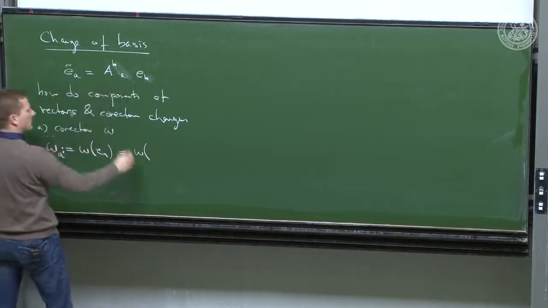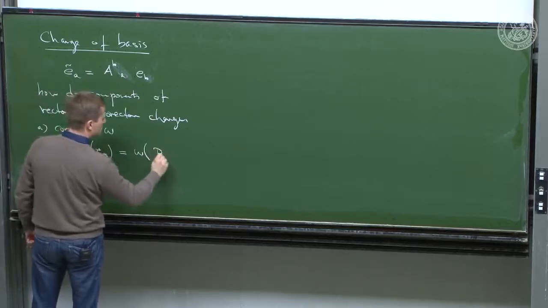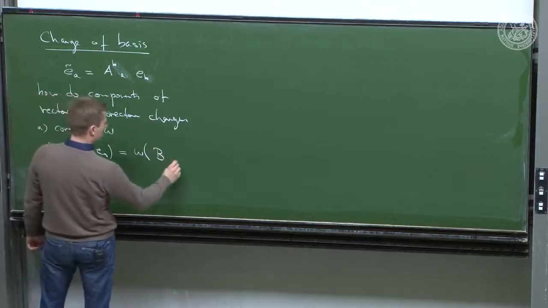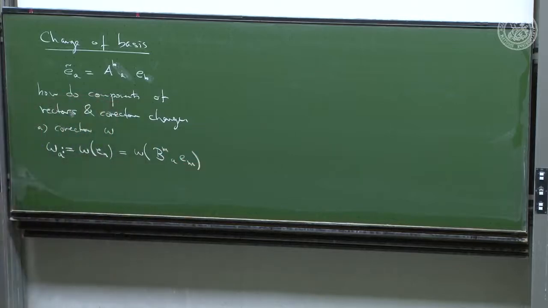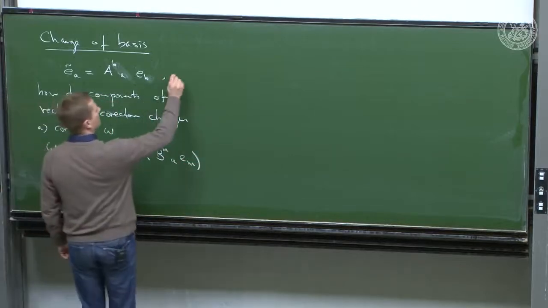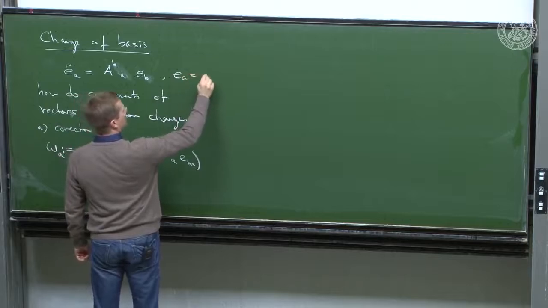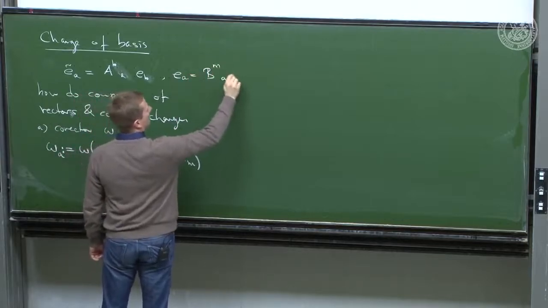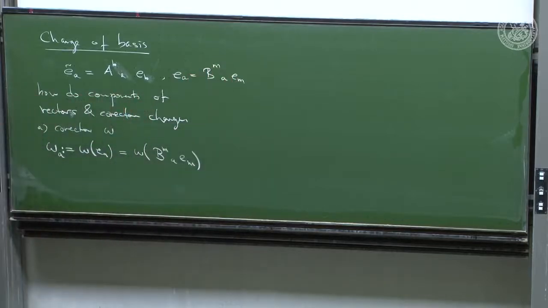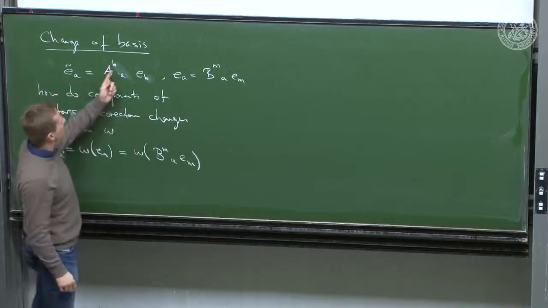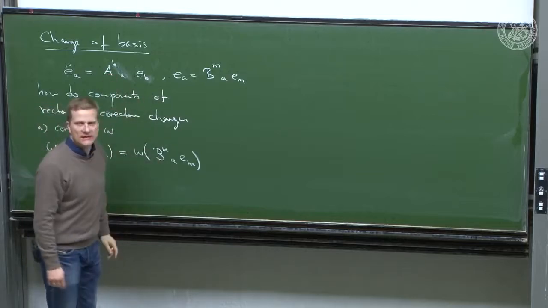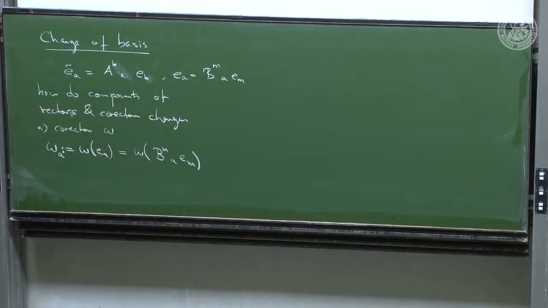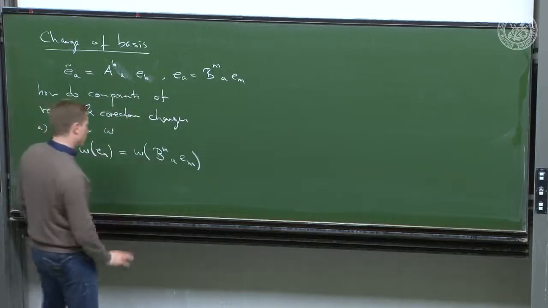E_A can be written, using the matrix B from before, as B^M_A E_M. That's the same as before, because we had that A and B were inverses as matrices. And in fact, the inverse of a matrix with index up, down, is really the inverse of the corresponding endomorphism and then the representing matrix. So this all fits together.